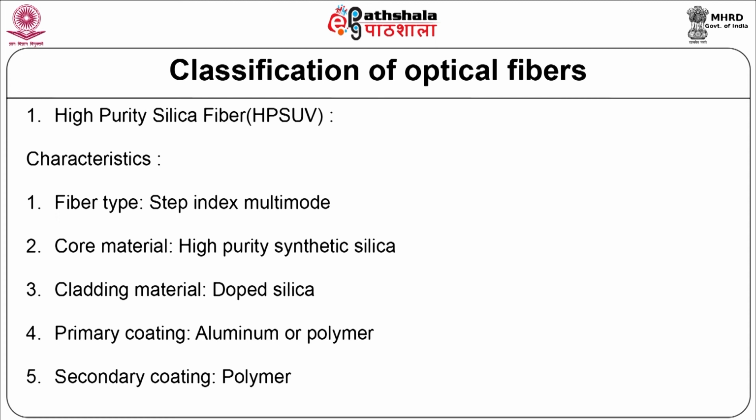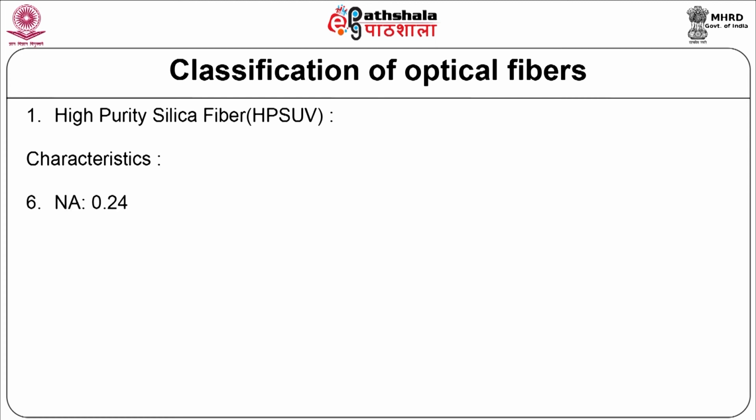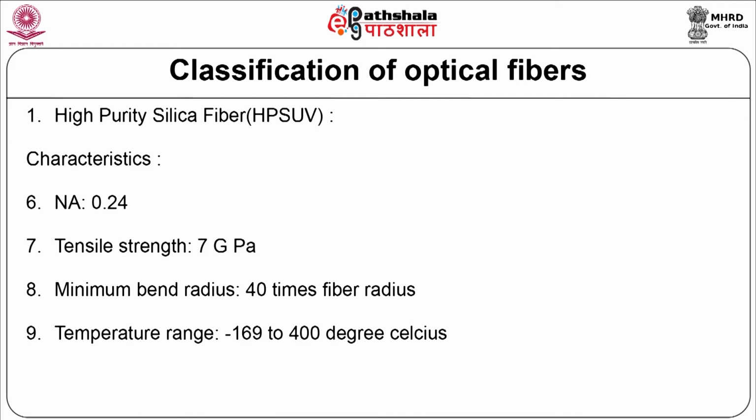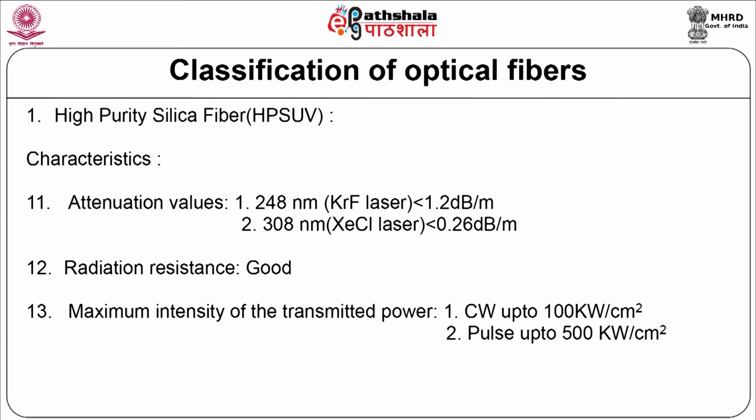Secondary coating is polymer. Numerical aperture 0.24, tensile strength 7 GPa. Minimum bend radius is 40 times the fiber radius. Temperature range is -169 degrees Celsius to 400 degrees Celsius and 100% humidity.